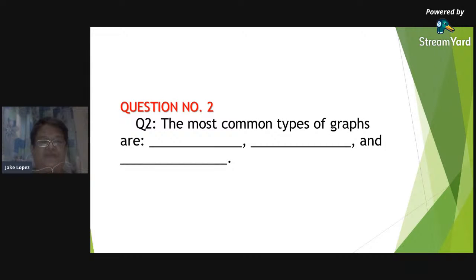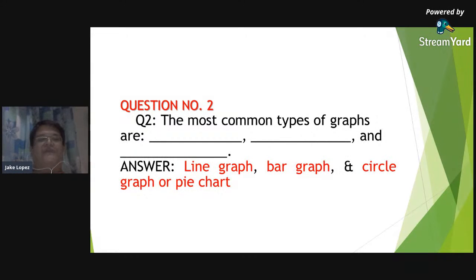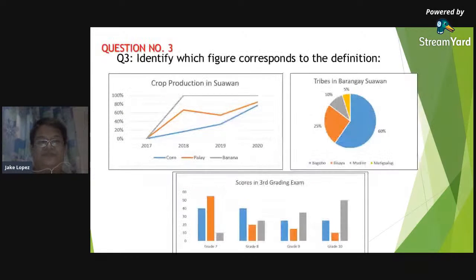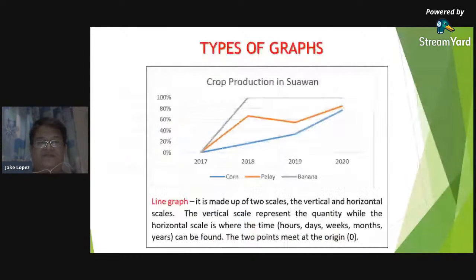Question number two, the most common types of graphs are blank, blank, and blank. We have the line graph, the bar graph, and the circle or the pie chart. Here you can see three images, and you have to identify which figure corresponds to the definition. Kanina we have learned the three types of graphs. First is the line graph.